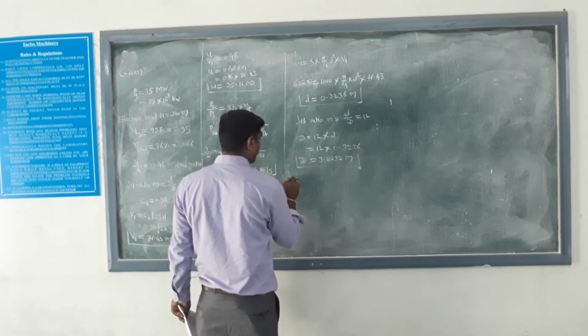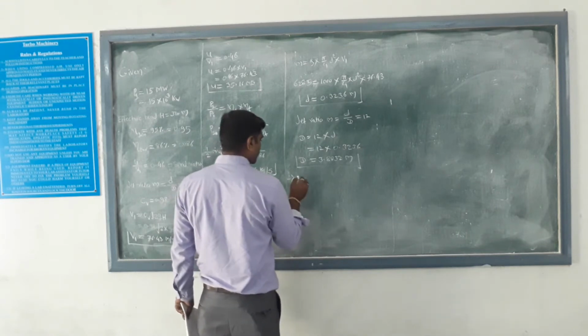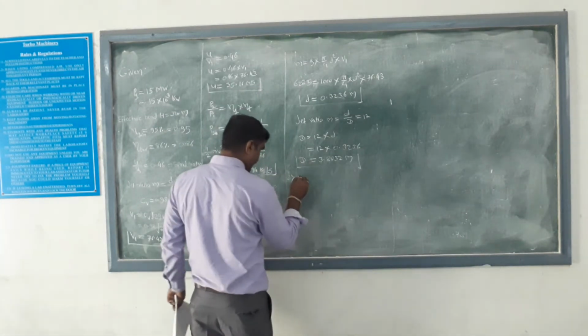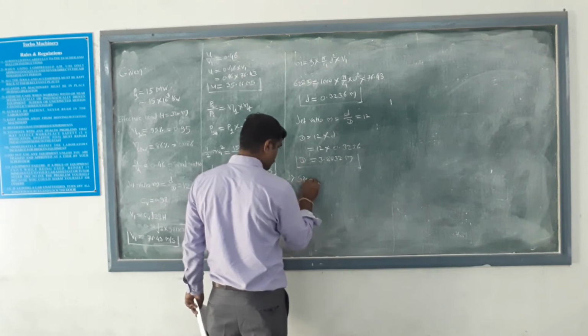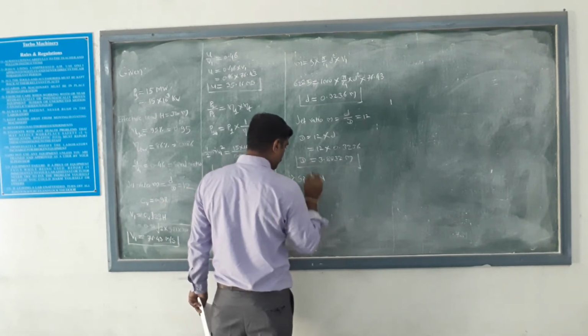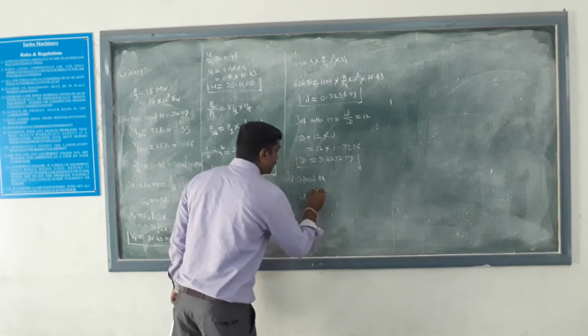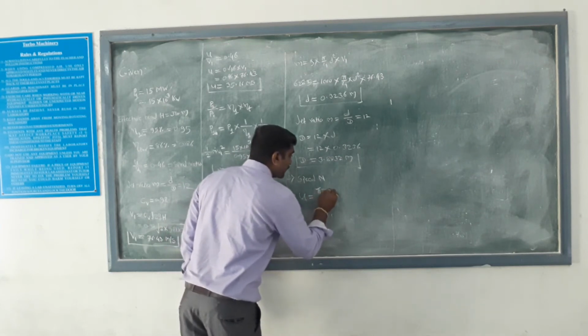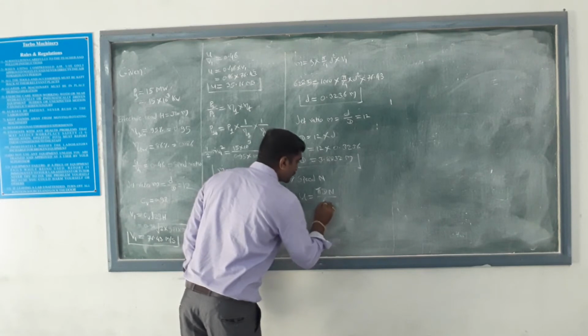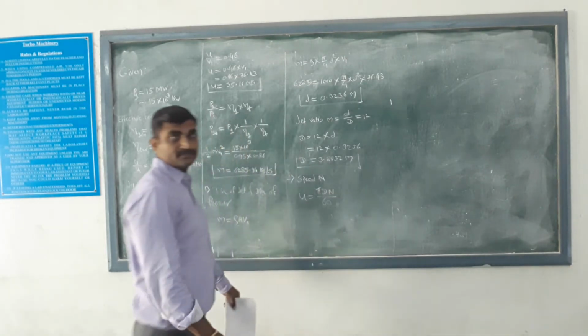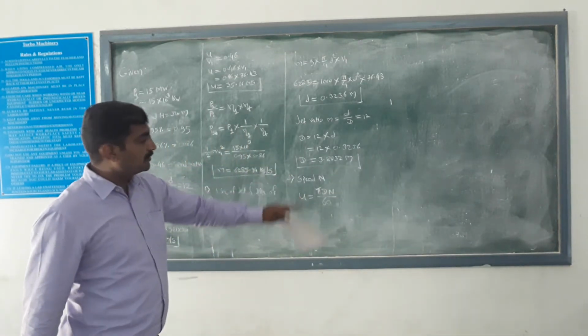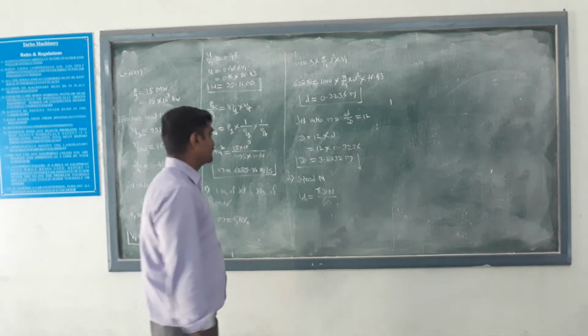Now second, find out speed. We know u equal to pi D N by 60.